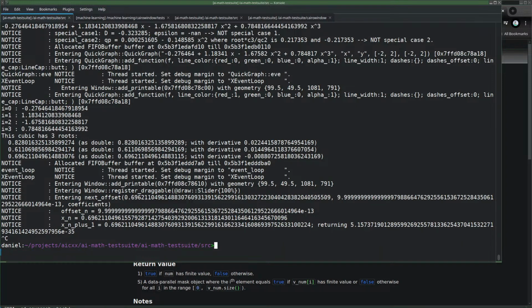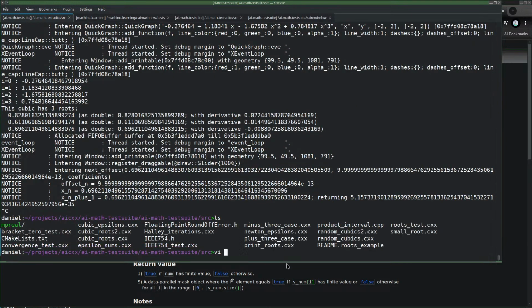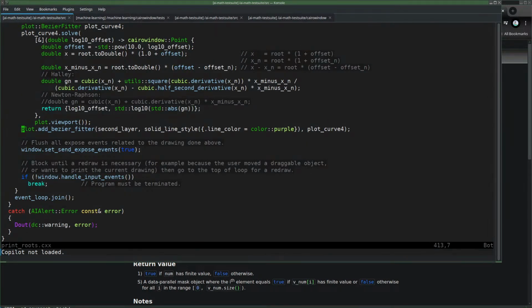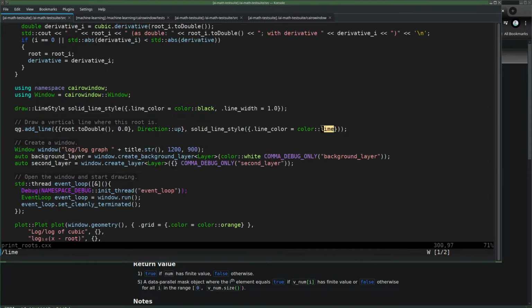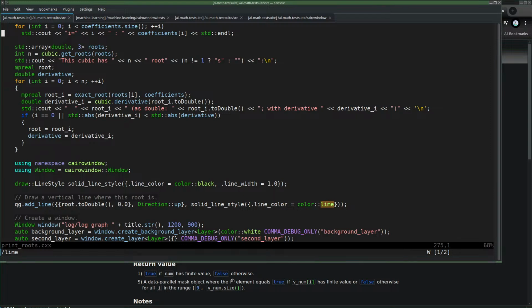So this is print roots. How did I choose one anyway? Green or lime? Choosing root.